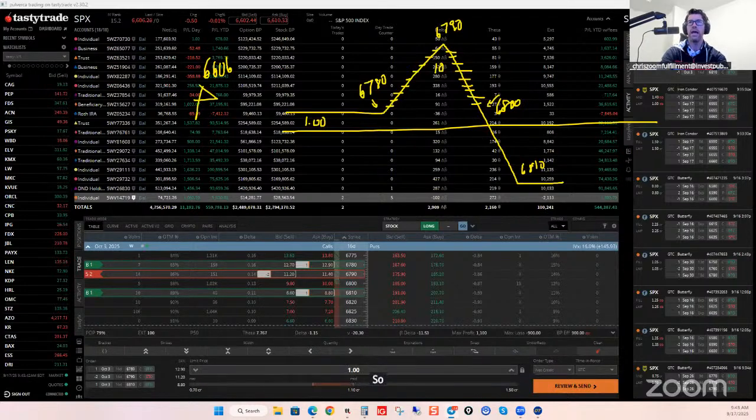So adding a new broken wing butterfly. SPX 10/3 expiration. Buy the 6780. Sell the 6790. And buy the 6810.